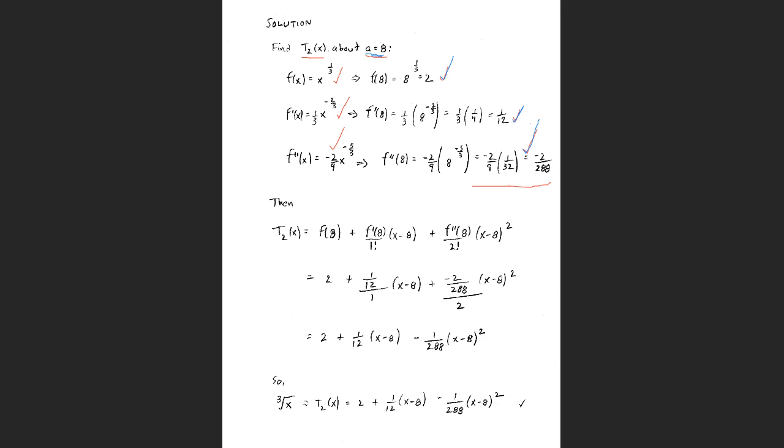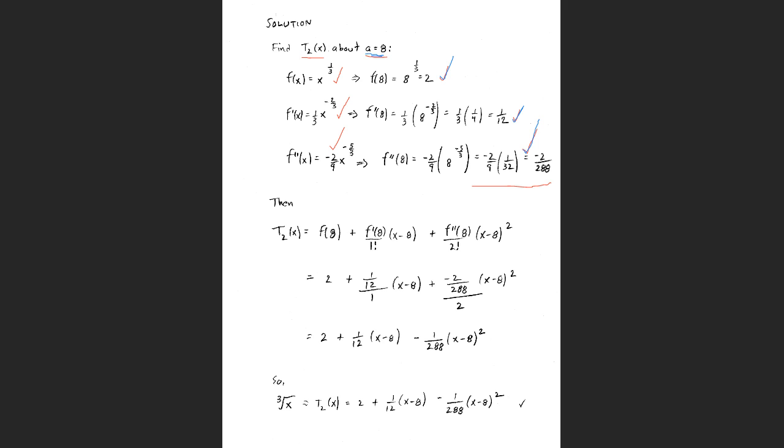We're trying to get an approximation of the cube root of x using a Taylor polynomial, but the polynomial needs to be easy to compute. So naturally, I want the function and its derivatives, the values, to be easy to compute. So far, this is pretty basic.